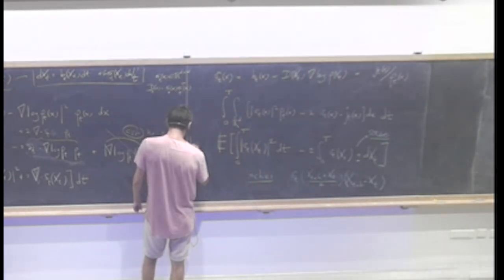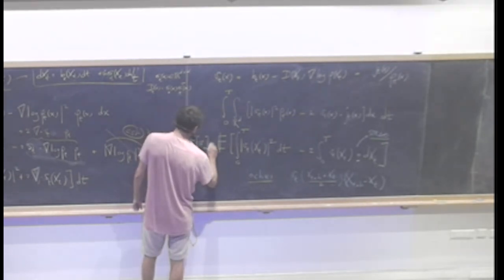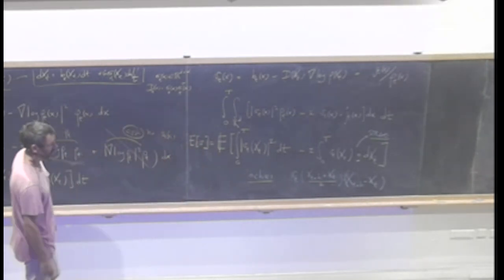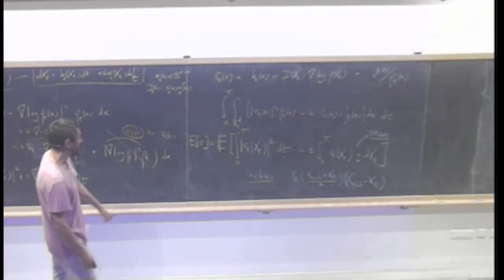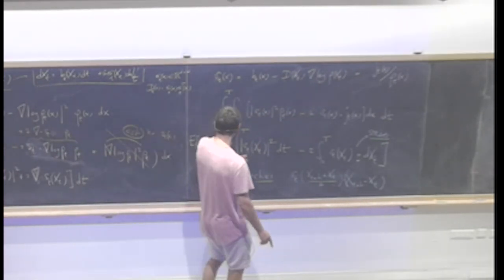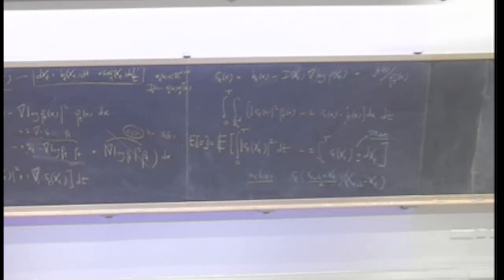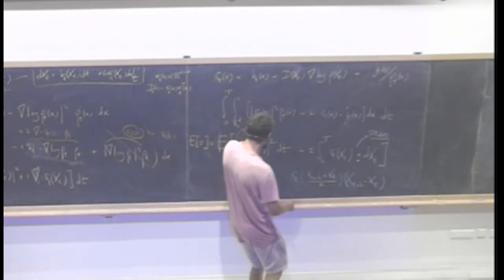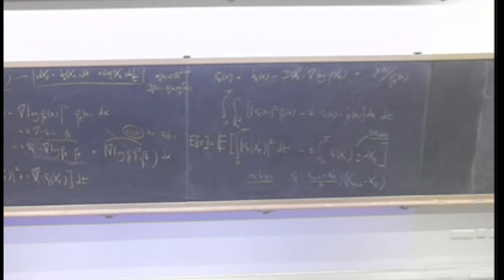I'll write it as an E, and this is an E for V. Okay? Let me make a few remarks about this. So this, in fact, is somewhat more general than this. Let me erase that and try to insist a little bit about this.